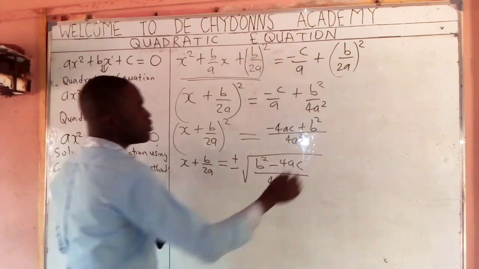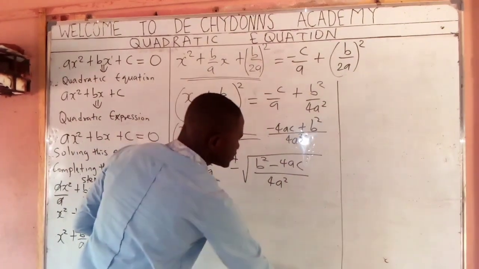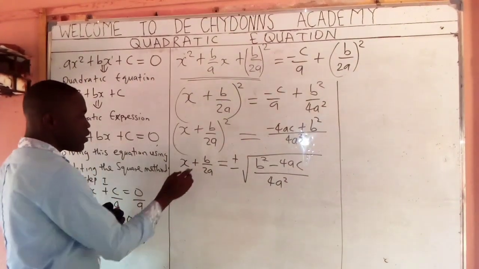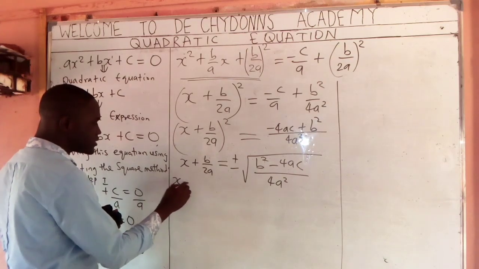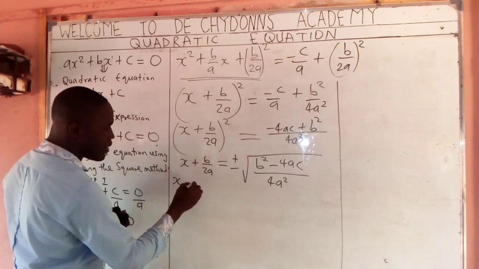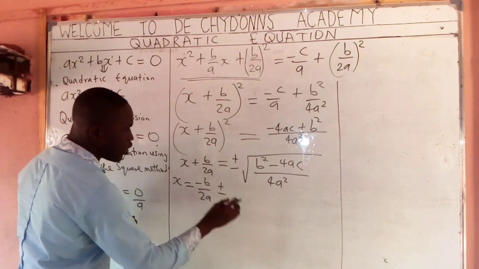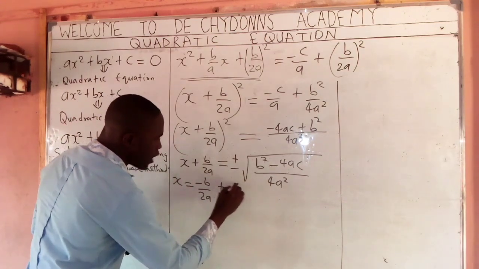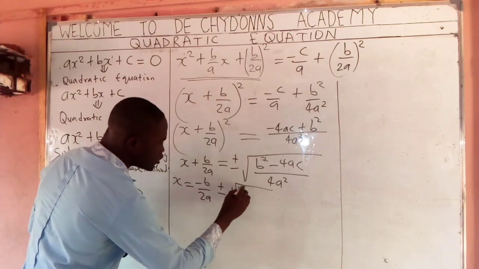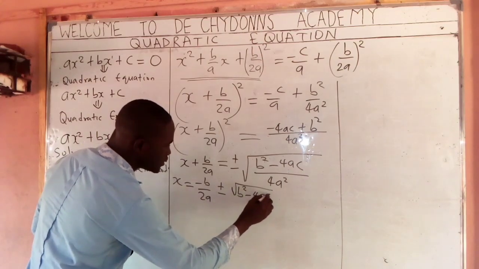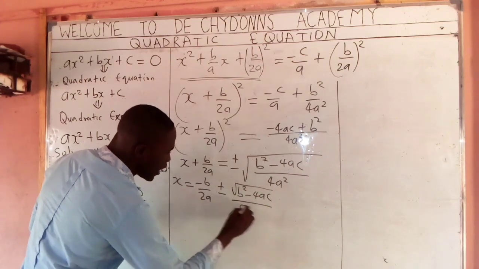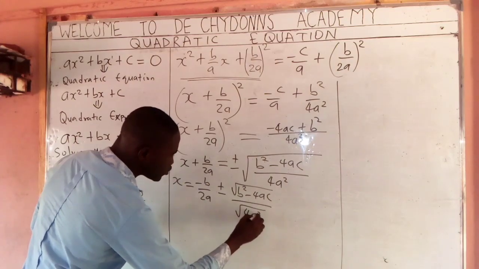Then what you do now is make x the subject of the formula. x equals, this goes to the other side, minus b over 2a plus or minus square root of b squared minus 4ac all over square root of 4a squared.